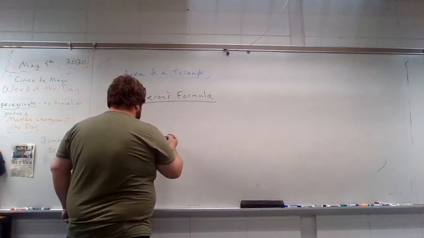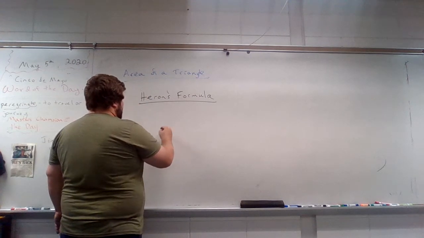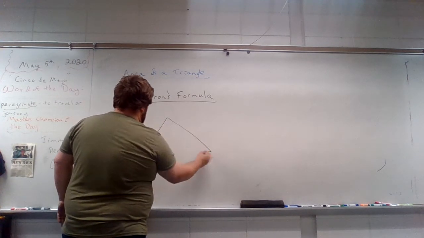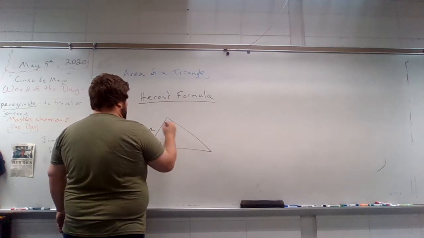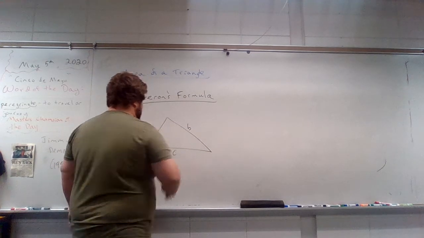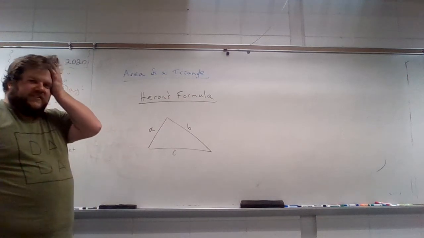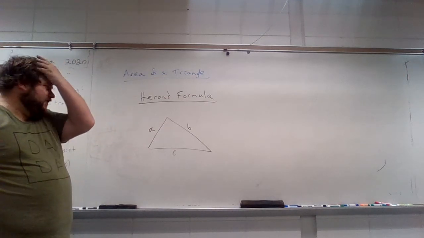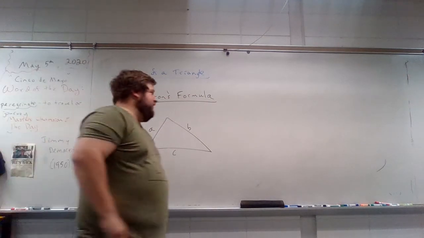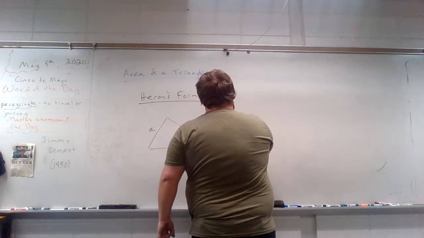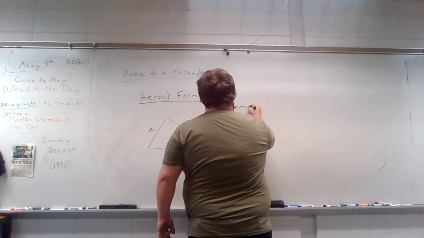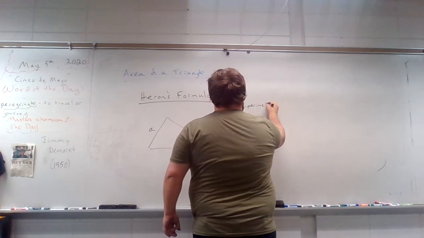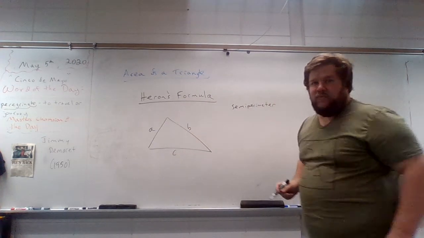It has to do with the case where I have three sides. So let's say I have a little a, a little b, and a little c. And there's this ingenious formula to calculate the area. I would first define something called the semi-perimeter. And this means exactly what you think it means.